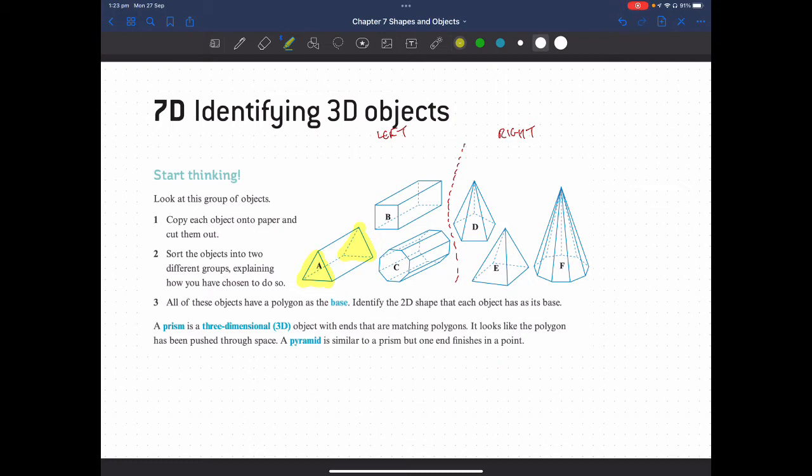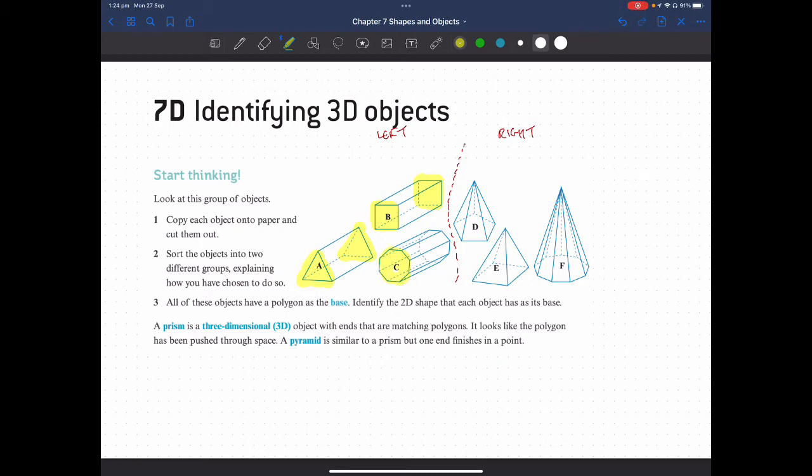If I look at shape B, the end of shape B is a square, and right at the other end of that shape there is another square. The two ends are the same shape. Now if we look at shape C, you'll see there is an end there.